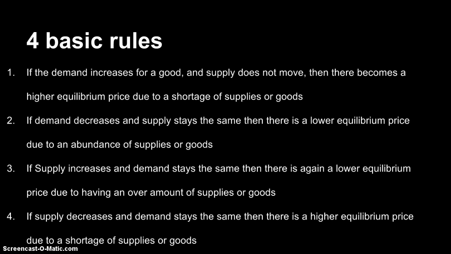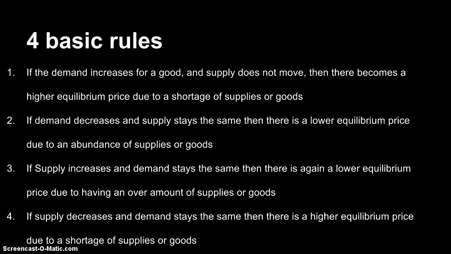All right, next. There's four basic rules to supply and demand. The first rule is that if the demand increases for a good and the supply does not move, then there becomes a higher equilibrium price due to a shortage of supplies or goods. Basically, if the demand increases but the supply doesn't, then there's more demand for a supply that they have less of, which causes it to be more rare, which causes the price to increase.